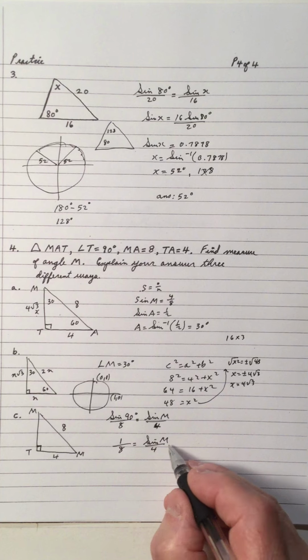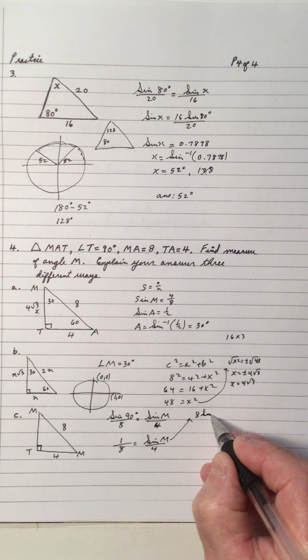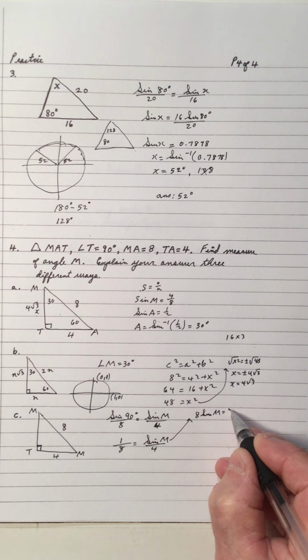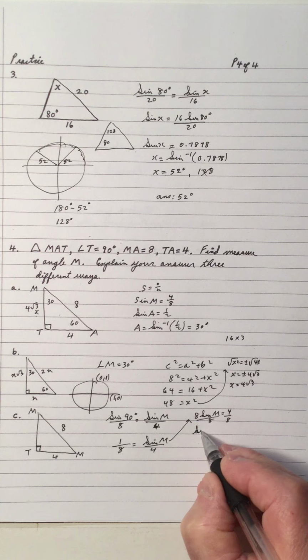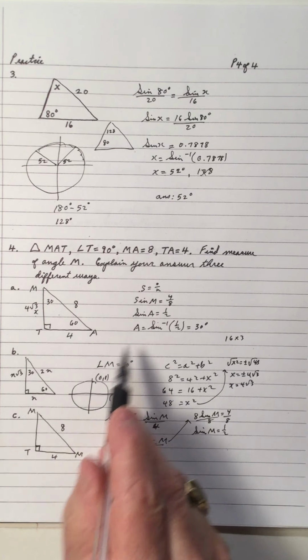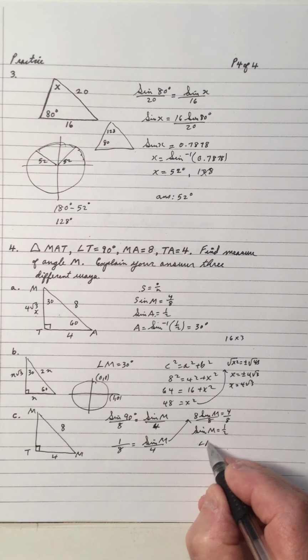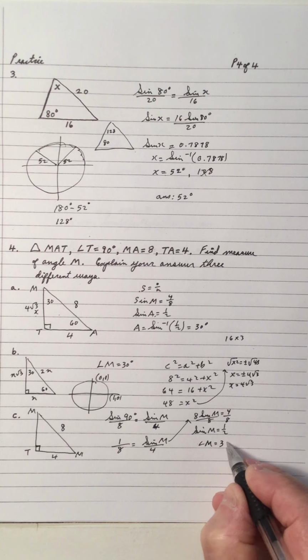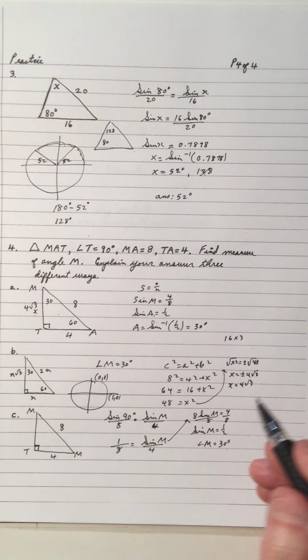Cross multiply, and we have 8 sine M equals 4. Divide by 8, and the sine of M equals a half. And now we have the same as before. So angle M comes out to be 30 if we use a calculator.